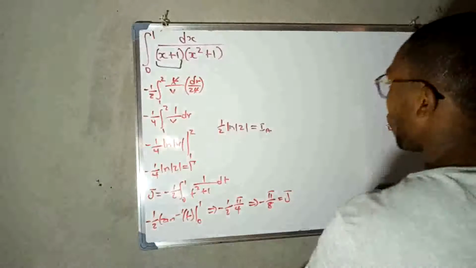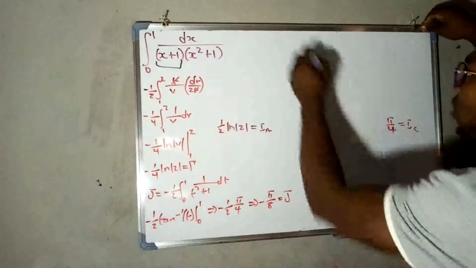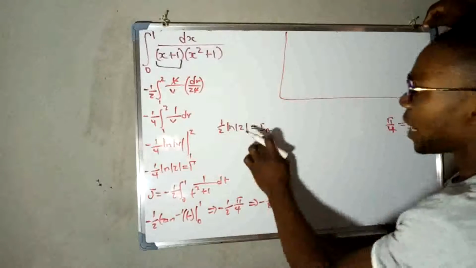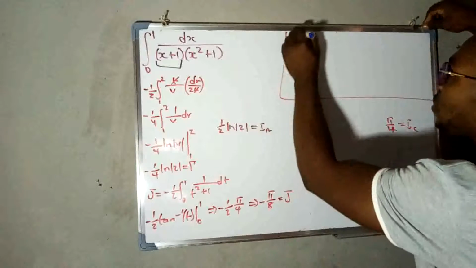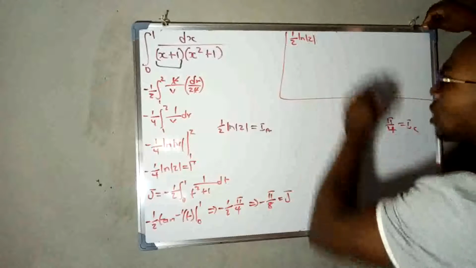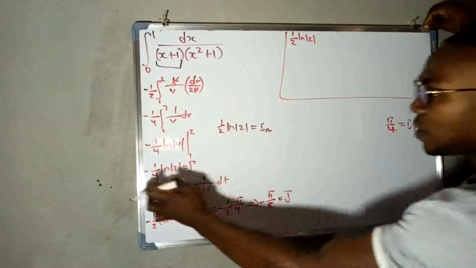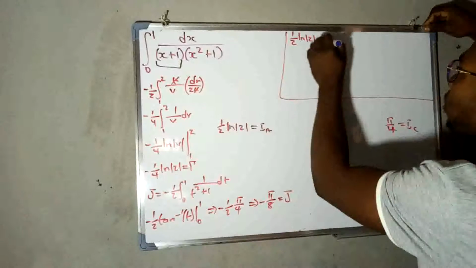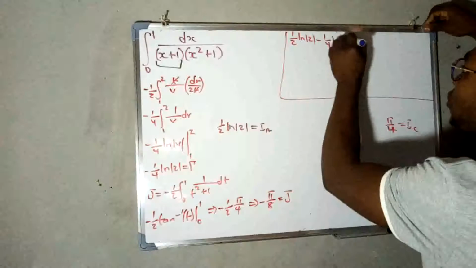Now we are having, let me put it in a bracket like this. For my IA, we are having 1 over 2 ln 2. Then for my IB, remember we first evaluate for gamma first, which is minus 1 over 4 ln 2.